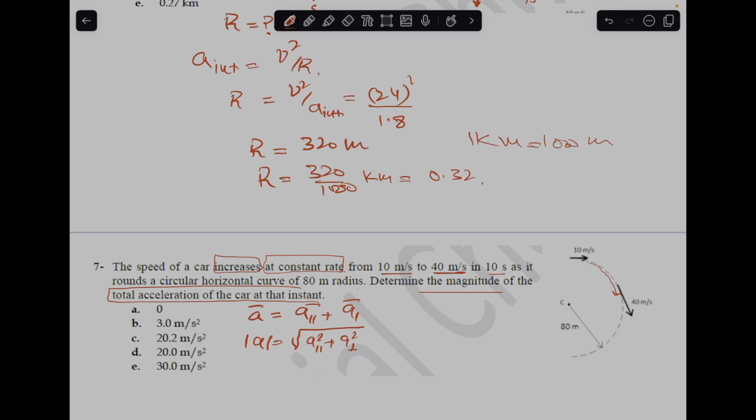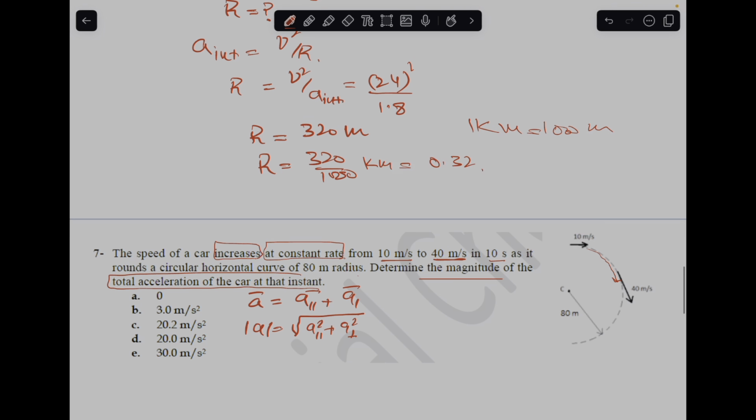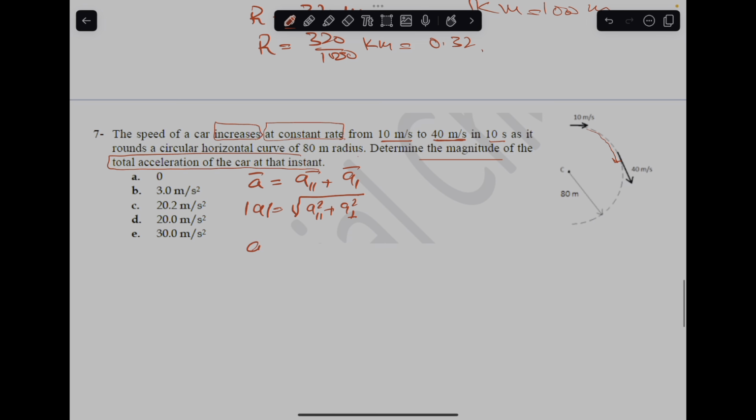How do we find these? We calculate a tangential, which is just the d by dt of the magnitude of v. And the perpendicular component, which is the instantaneous or radial acceleration, is v squared divided by r.